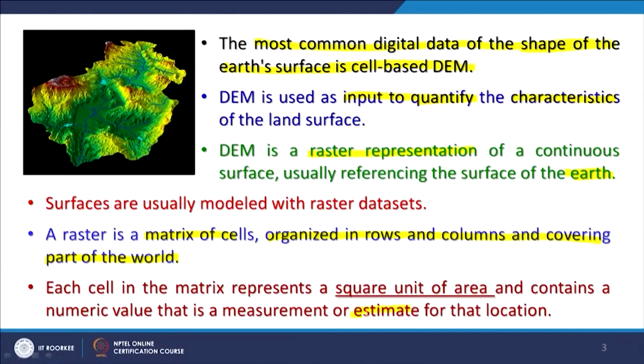If we are employing satellite images to generate a digital elevation model, then that value is estimated. But if we could go to every cell of the grid and make measurements, then that would be a measurement. Generally these surfaces which we use as DEM or DSM represent estimated values for each cell.